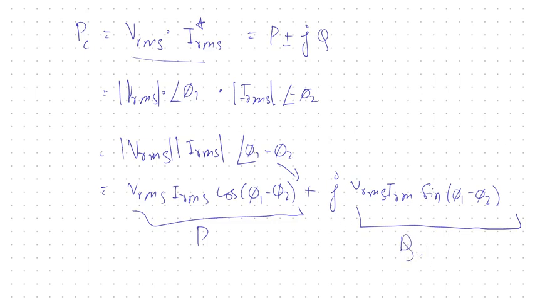And the apparent power, P apparent, is given by Vrms times Irms.